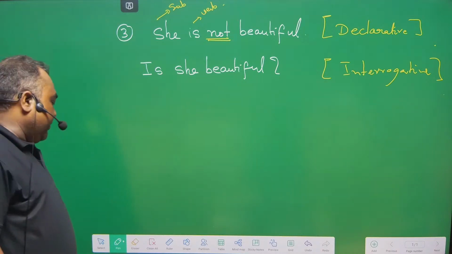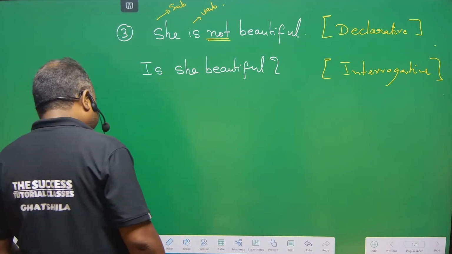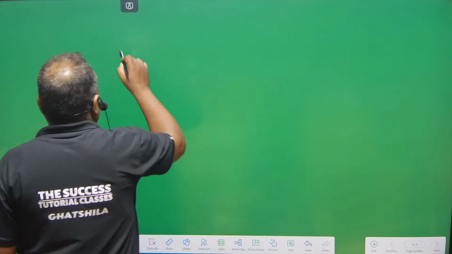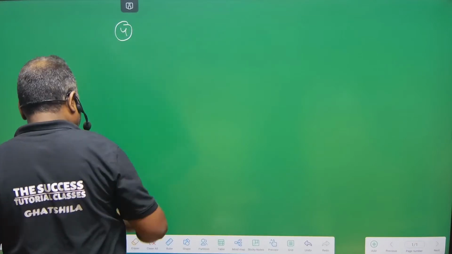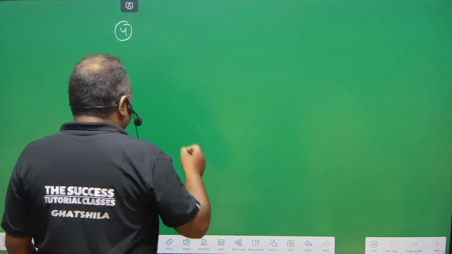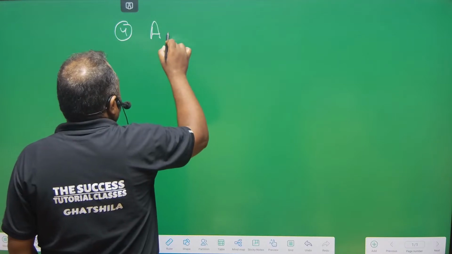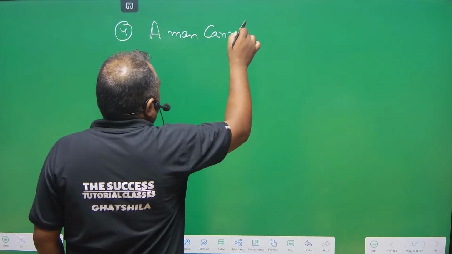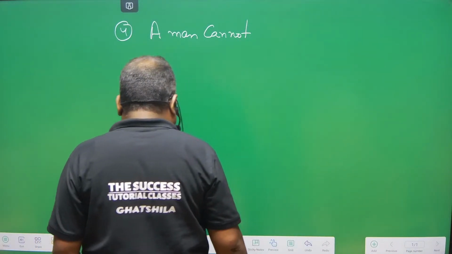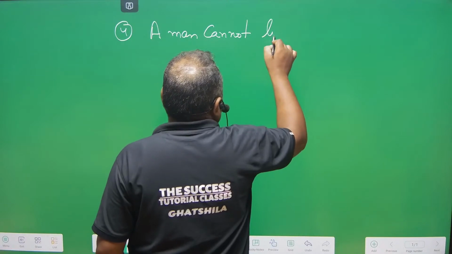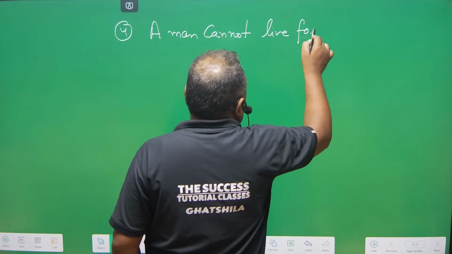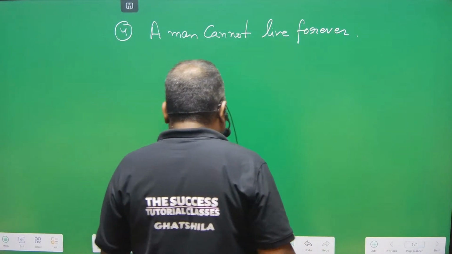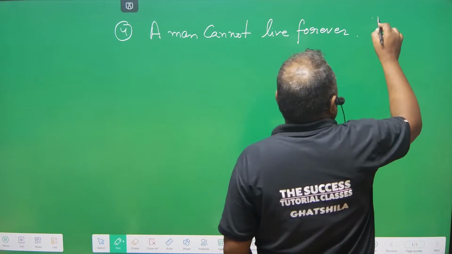Let me give you another question. Fourth one. A man cannot live forever. Full stop. This one is declarative form.